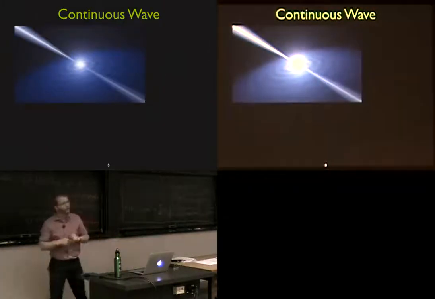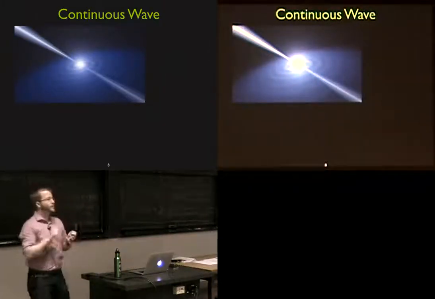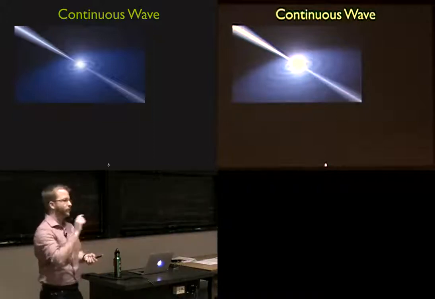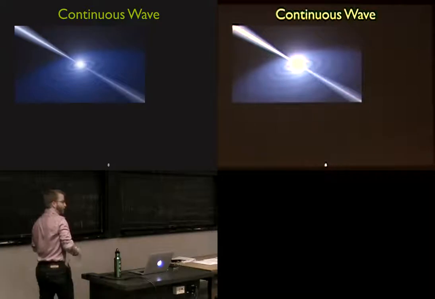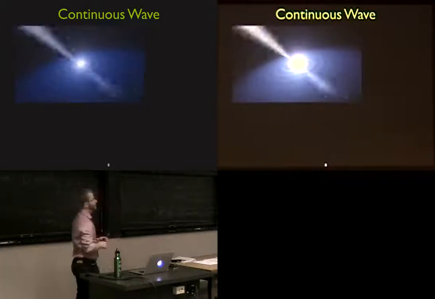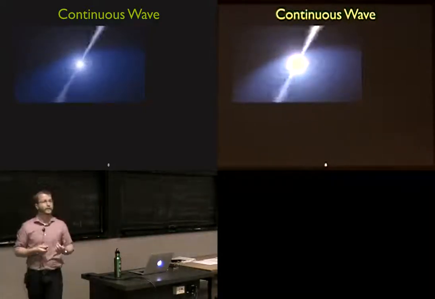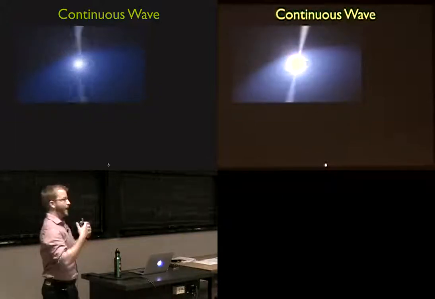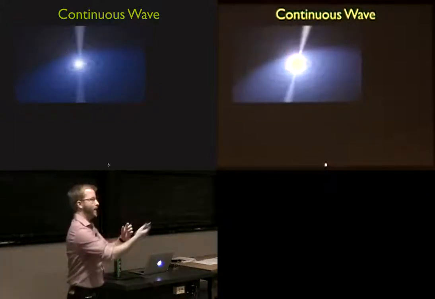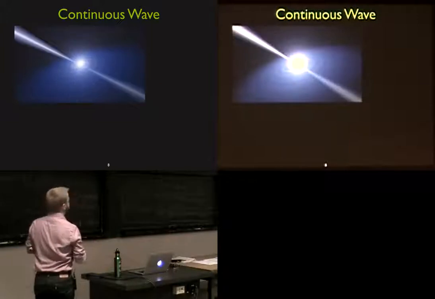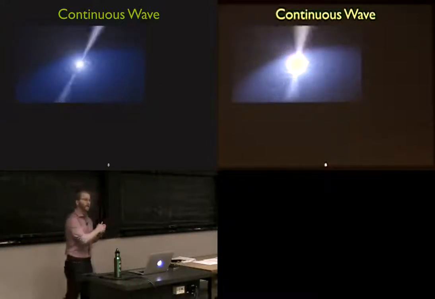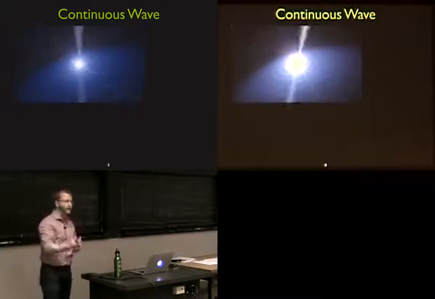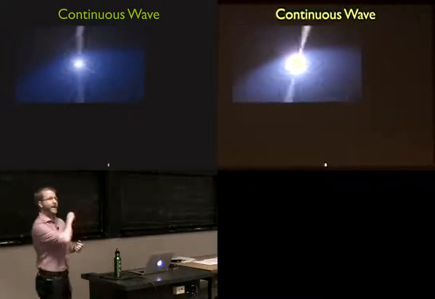So to remind you about continuous waves, these are sinusoidal gravitational waves. It's a constant frequency picked up by the instrument over a very long duration of time. The most likely emitter of continuous waves are pulsars, or neutron stars specifically, that have some asymmetry. They have a hill on them and will create this constant frequency gravitational wave. And the multi-messenger component of that is if we can see them as pulsars, if we can see that very regular pulsation of light that's caused by this lighthouse effect.